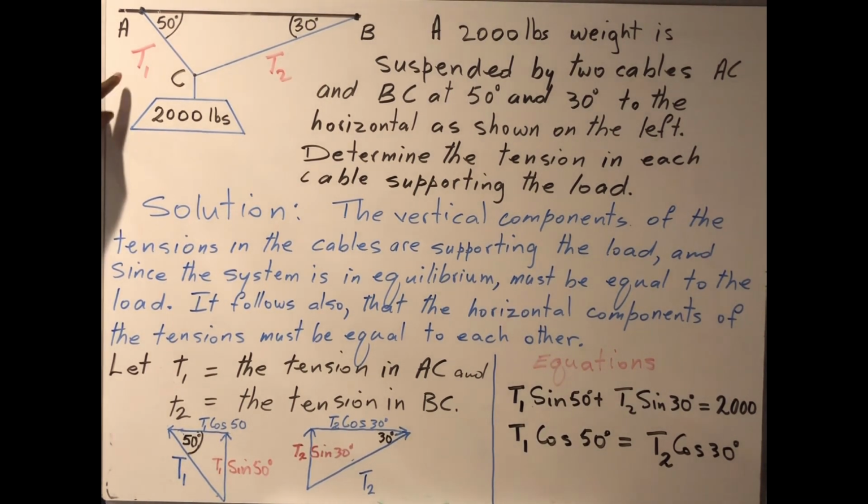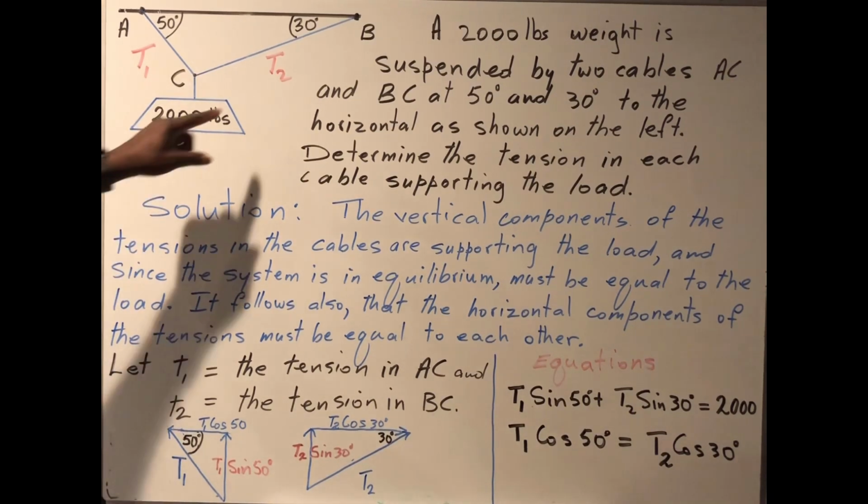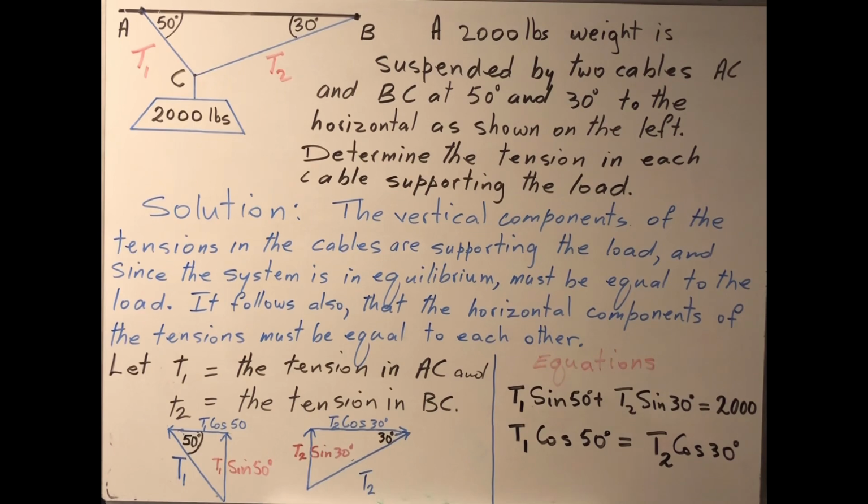Let T1 equal the tension in AC and T2 equal the tension in BC. Then if we resolve T1 into its horizontal and vertical components, the horizontal component will be T1 times the cosine of 50 degrees, and the vertical component will be T1 times the sine of 50 degrees.